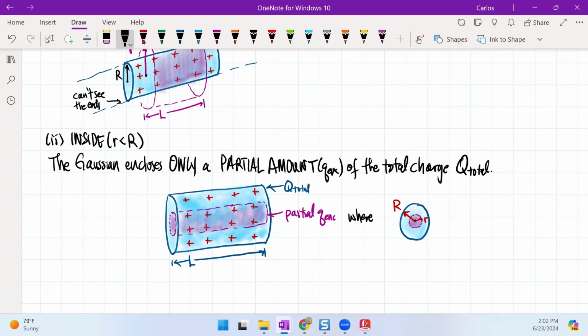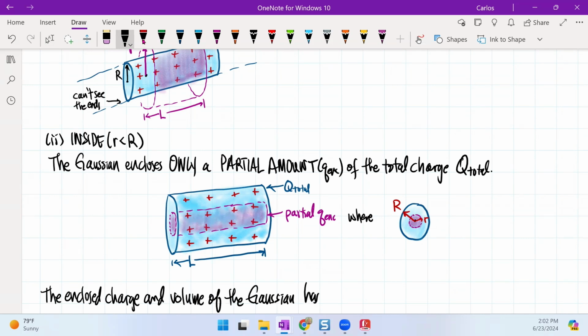Now, as with the sphere, the enclosed charge and volume of the Gaussian have Q enclosed less than the total charge, and the volume of the enclosed cylinder is definitely smaller than the total volume.